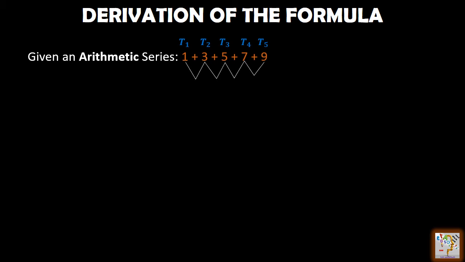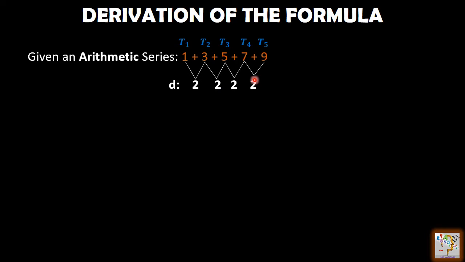Now let's check. If it is an arithmetic series, what is the common feature? It must have a common difference. The difference between any two successive terms is supposed to be the same. In this case, 3 minus 1 is 2, 5 minus 3 is 2, 7 minus 5 is 2. In simple terms, the common difference, which is small letter d, do not use capital letter D, is 2.